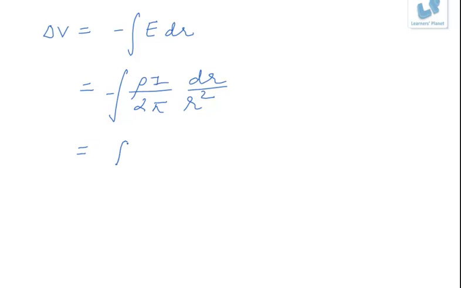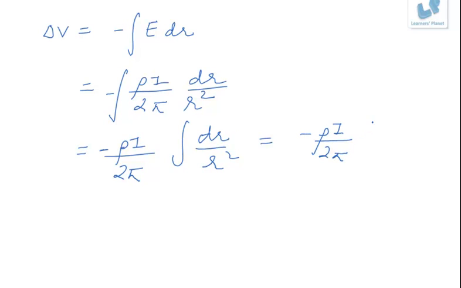So rho I upon 2 pi, which is common, will come out, and integral of dr by r square. Now this value is minus rho I upon 2 pi, and we will get minus 1 by r, the value of which is rho I upon 2 pi r.